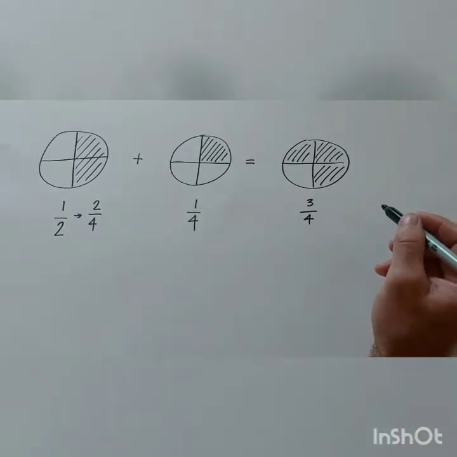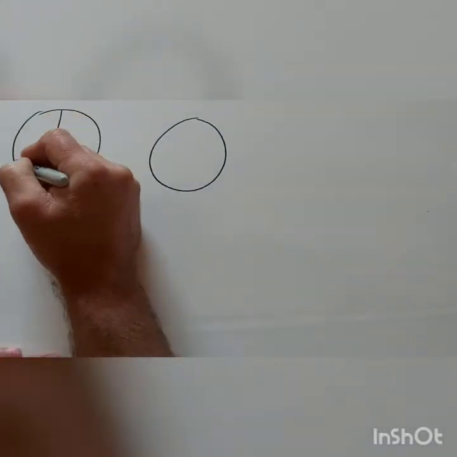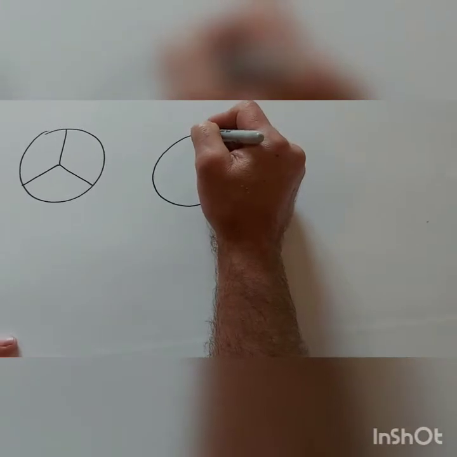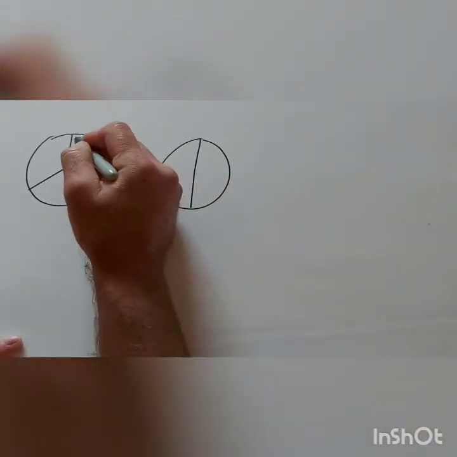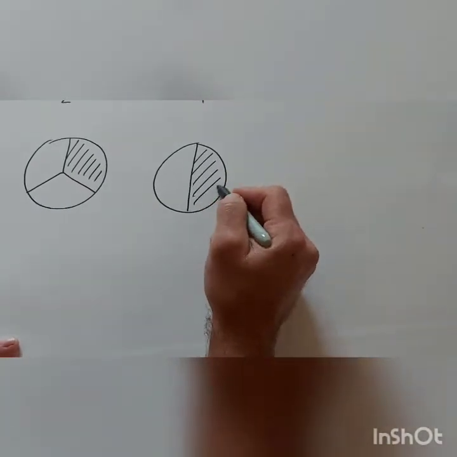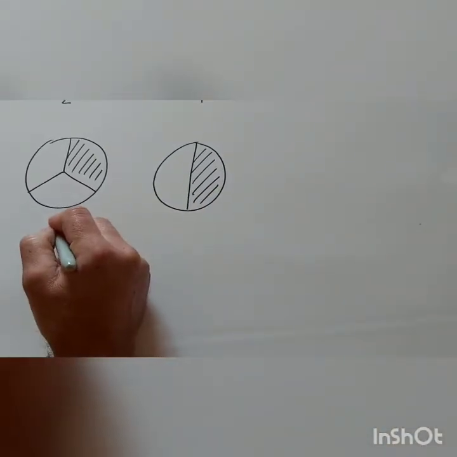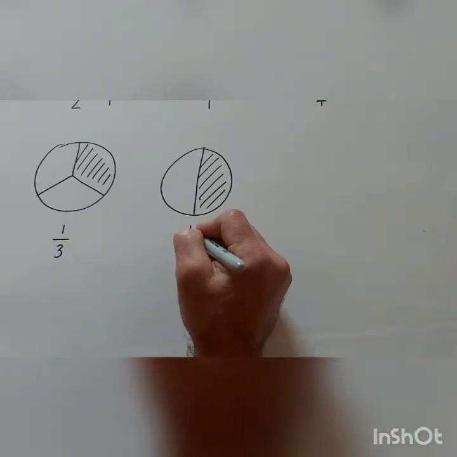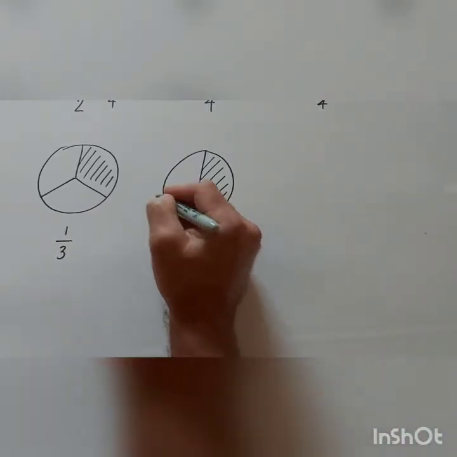Pause. In my next example, I'm going to complicate things in that it won't be as easy for me to divide my circles equally. In this example, you can see I have 1 out of 3 parts shaded. And in this example, I have 1 out of 2.